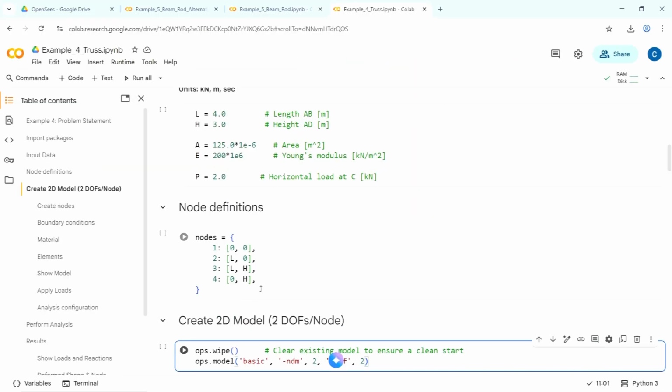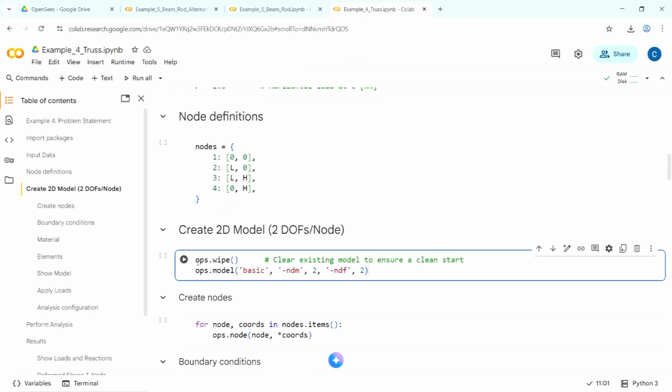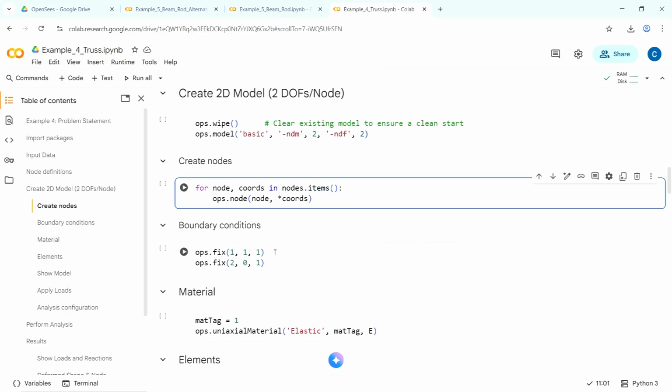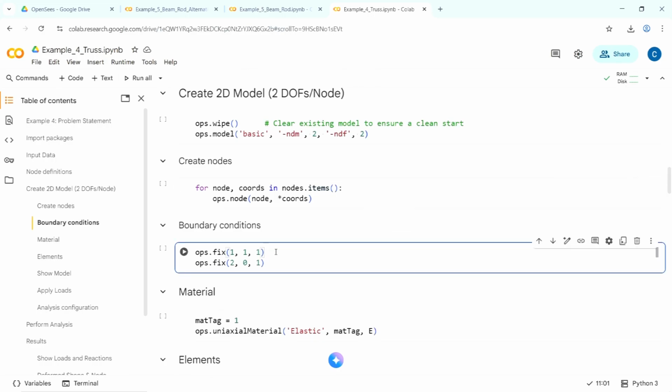Okay. And this you clear the memory. So, this is important as I explained, and then you create the nodes using this for loop. And what are the boundary conditions? Remember, you have got only 2 degrees of freedom at each node. So, fix node 1, fix is the command. Okay. It does not mean it is a fixed support. So, fix is the command, fix what?